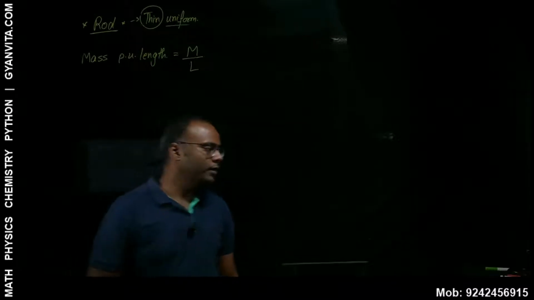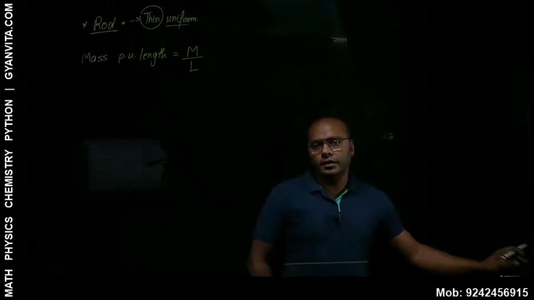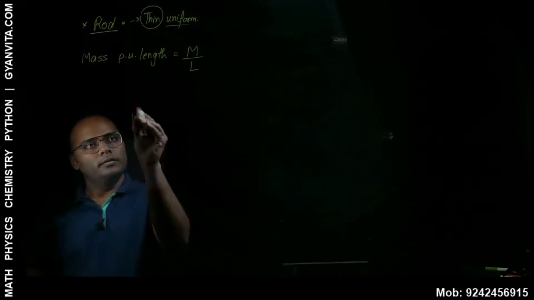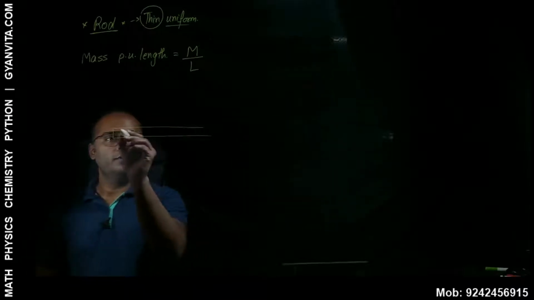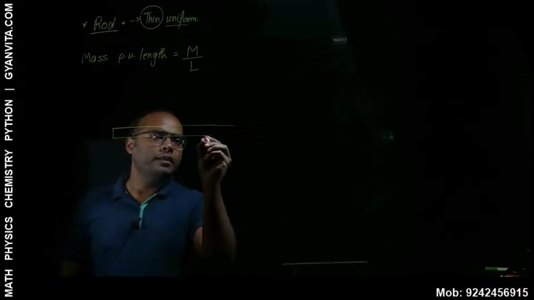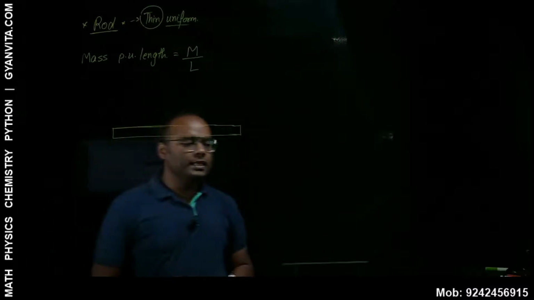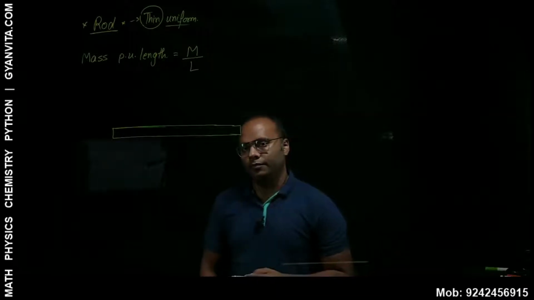Now, what do we have to do here? Again, just like earlier, we consider a rod like this, a thin straight rod, a magnified version. We have not yet decided which axis to rotate it about.